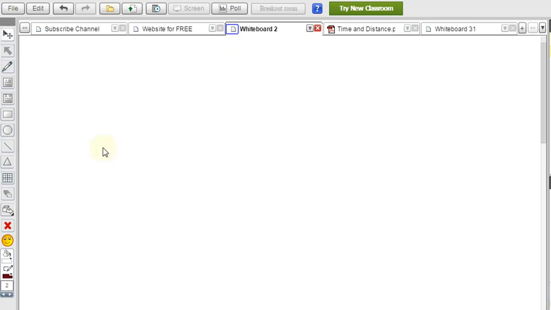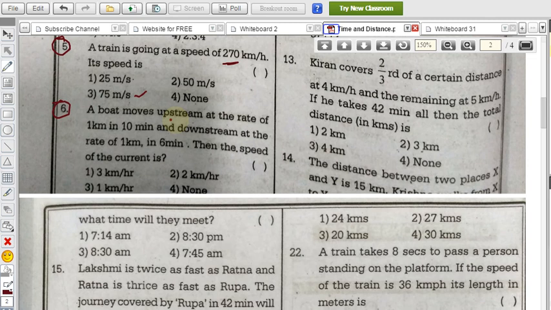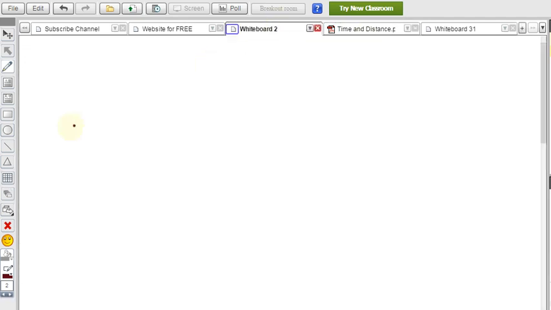So let me take the data first. Upstream and downstream speeds are given. Rate of upstream is b, downstream is a.